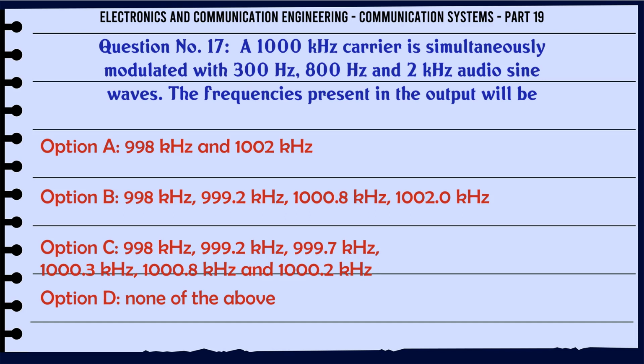The frequencies present in the output will be A. 998 kHz and 1002 kHz, B. 998 kHz, 999.2 kHz, 1000.8 kHz, 1002.0 kHz, C. 998 kHz, 999.2 kHz, 999.7 kHz, 1000.3 kHz, 1000.8 kHz and 1000.2 kHz, D. None of the above.